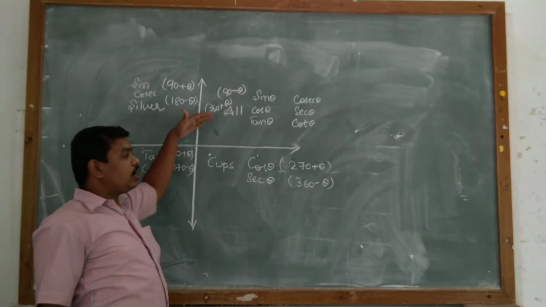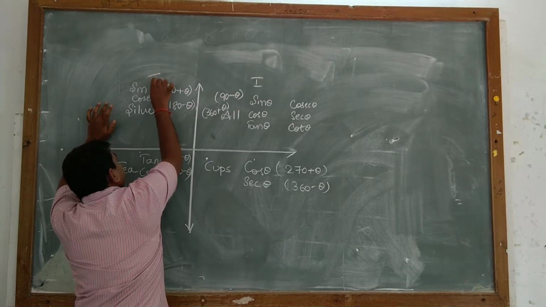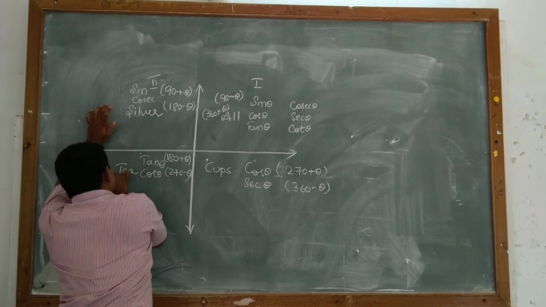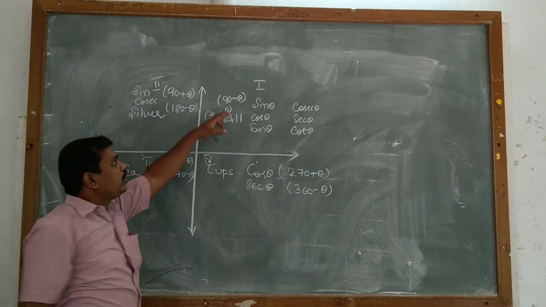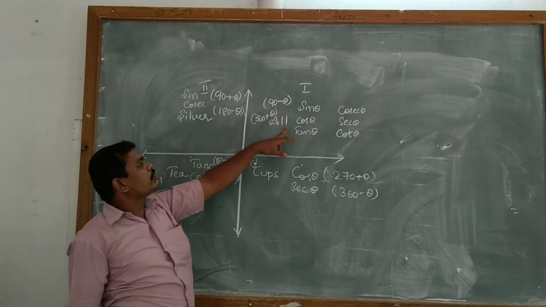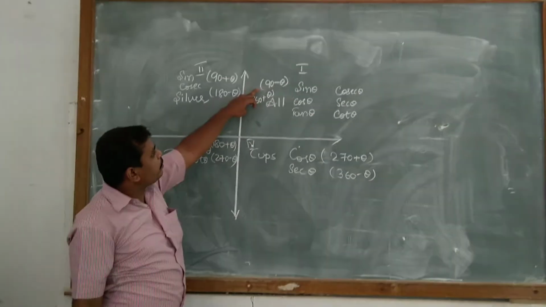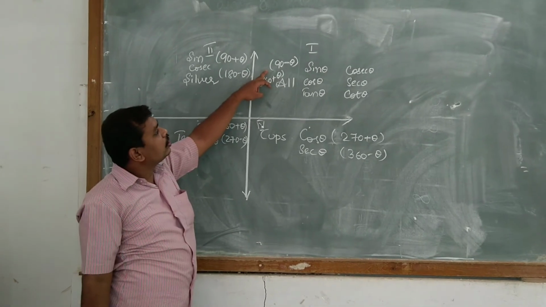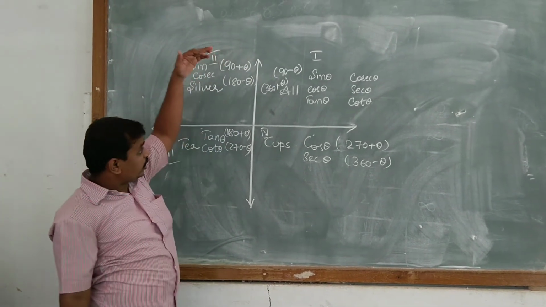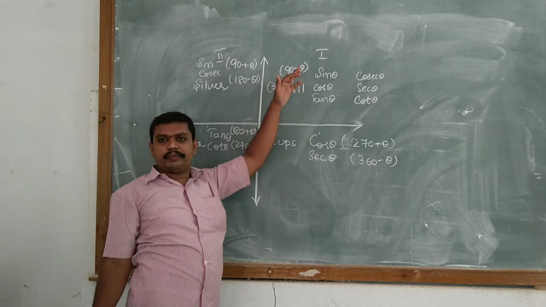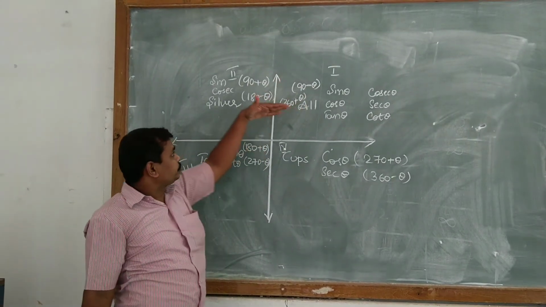Students, within the 4 quadrants, this is the first quadrant, second quadrant, third quadrant and fourth quadrant. Now listen here. In the first quadrant we have 90 minus theta, and here all 6 trigonometric ratios will be positive.